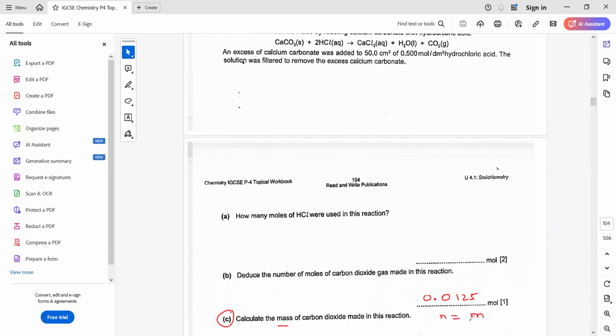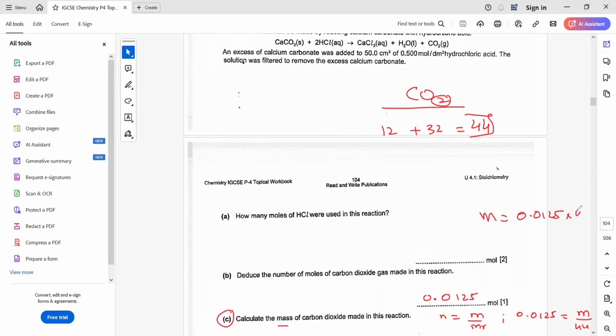The formula is very simple: moles equals mass over Mr. Number of moles is 0.0125. Mass is unknown. For carbon dioxide, CO2, carbon is 12, oxygen each is 16, but we see 2 oxygen, so that's 32. The sum total would be 44. That means Mr is 44. So mass would be 0.0125 times 44. So what do we have? We have 0.55 grams.